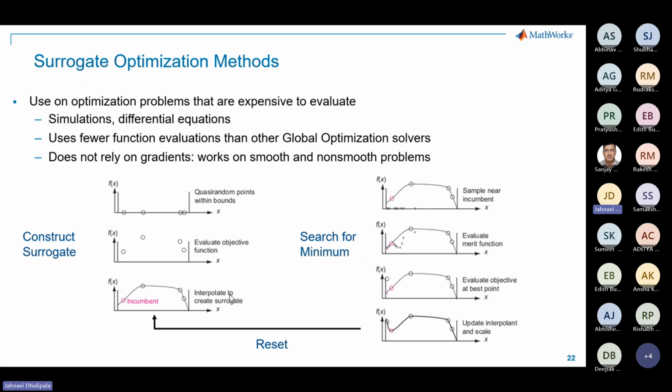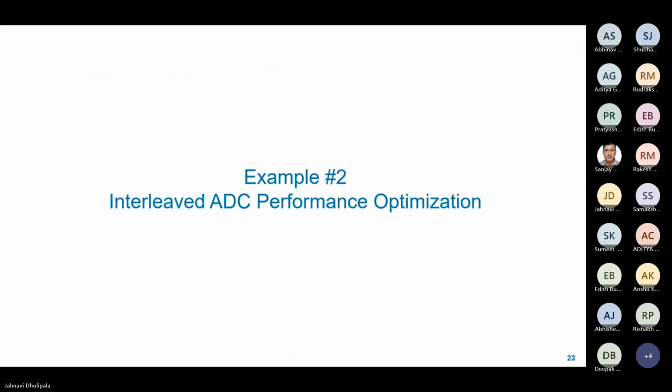But you might have this question: why did you use surrogate optimization? For that, I gave an explanation saying that this method is very suitable for both smooth and non-smooth problems. And this is a very promising algorithm which can be used for your complex designs.